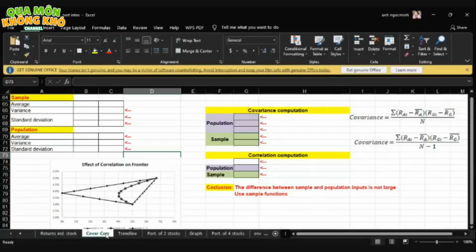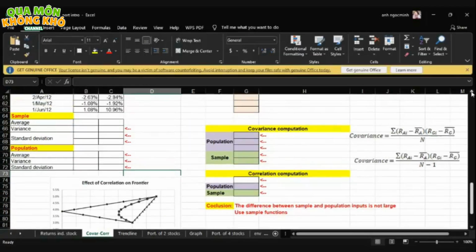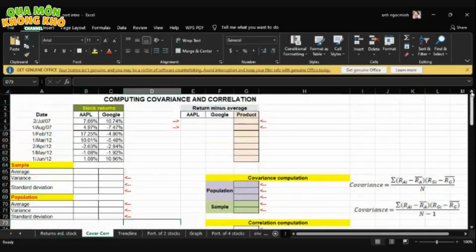Next, I would like to present how to calculate covariance and correlations. Here is the continuously compounded return that we have calculated, and we just take it.